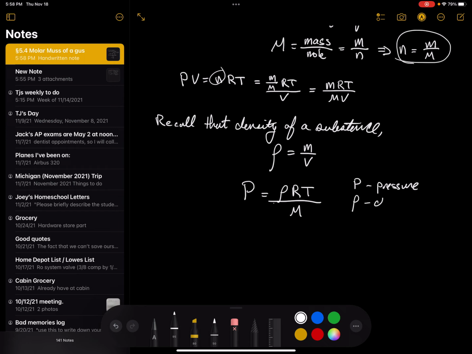Okay, so as before, P is pressure, rho is density, and this is often written as grams per liter. You have to be careful on units. R is the gas constant, 0.08206 liter atmosphere per Kelvin mole. T is temperature in Kelvin.